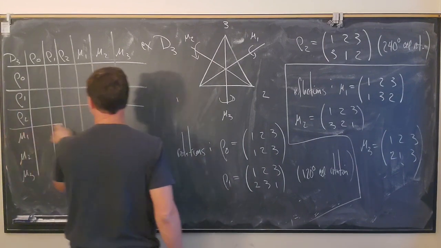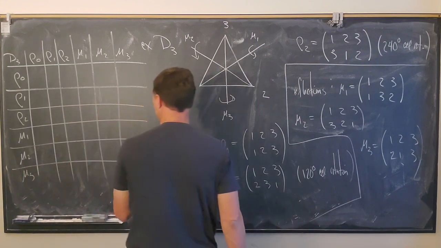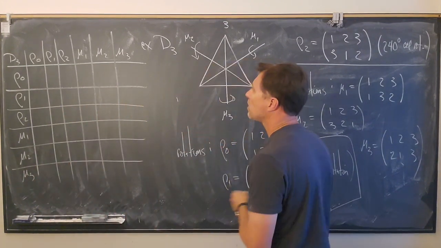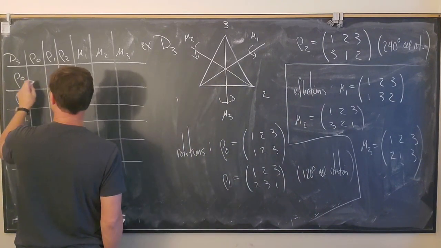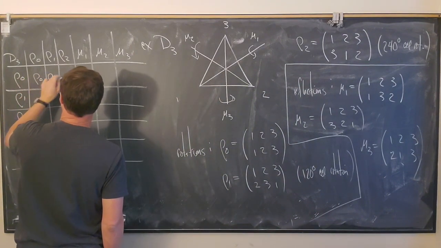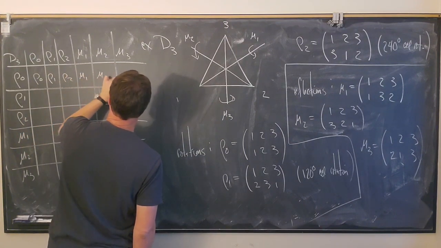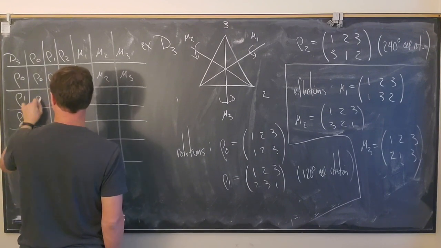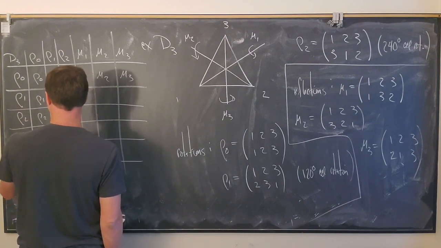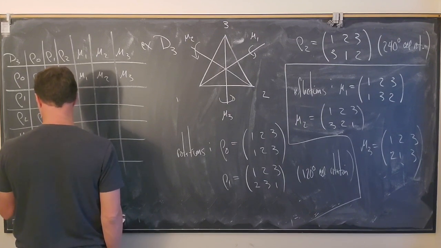Let's do a few of these, and then I'll fill in the blanks, and you can just check. I have them all written down here. First of all, rho 0 is the identity, so the first row is rho 0, rho 1, rho 2, mu1, mu2, mu3. Same thing with the first column.